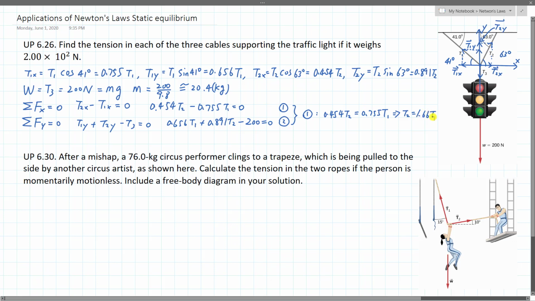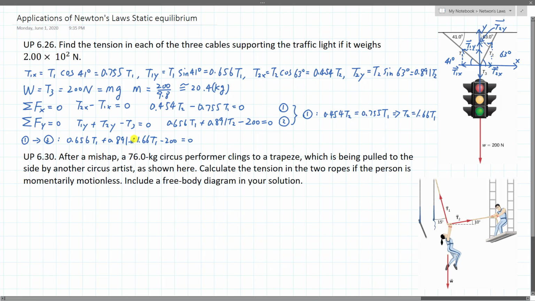Now I can use this to substitute into equation 2. So equation 1 into equation 2. Now I have 0.656 T1 plus 0.891. T2 is replaced by 1.66 T1 minus 200 equals 0.